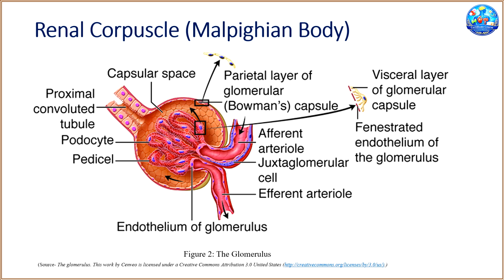These slits allow selective filtration of plasma, while preventing passage of larger molecules like the proteins as well as the RBC. Thus, the renal corpuscle acts as the primary filtration unit of a nephron.